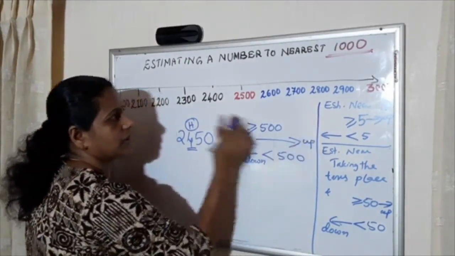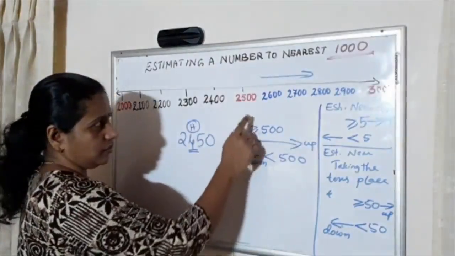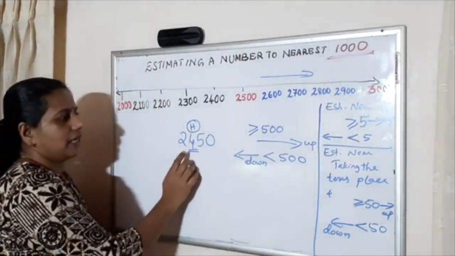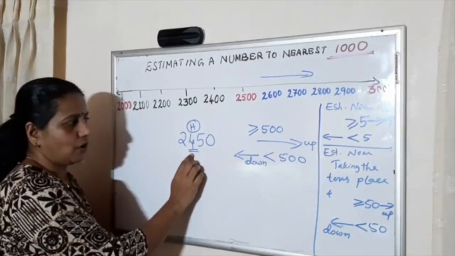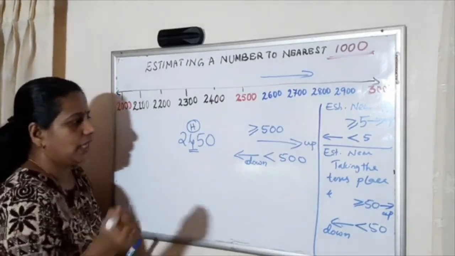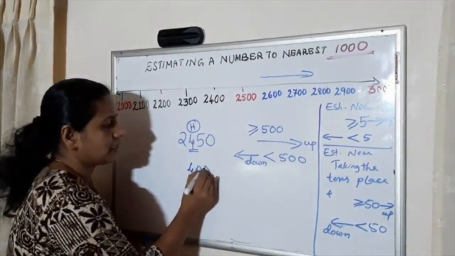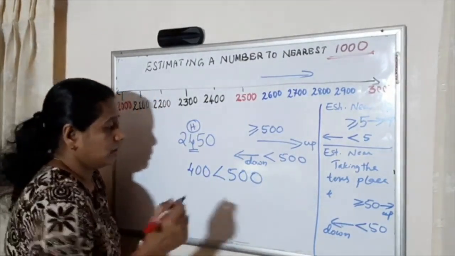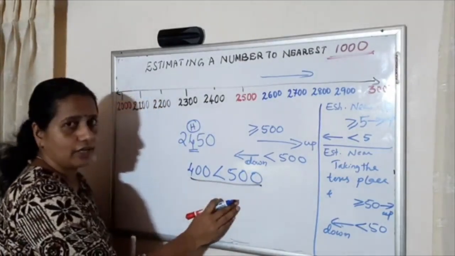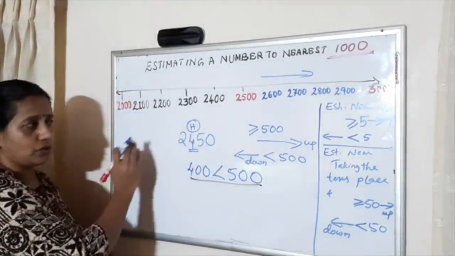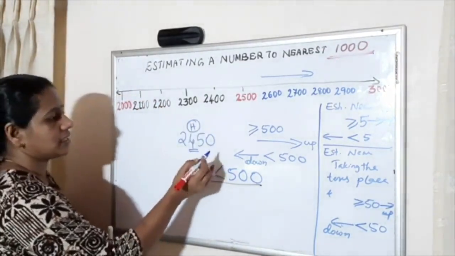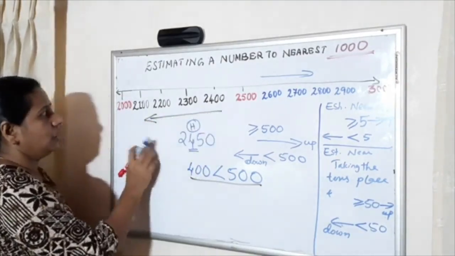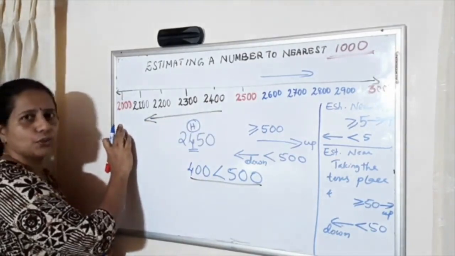Okay, look here. 2500 and above, round up to 3000. Next, look at this place value, that is 400. 400 is less than 500, so we are going to round it down to the lower 1000 value, that is 2000.